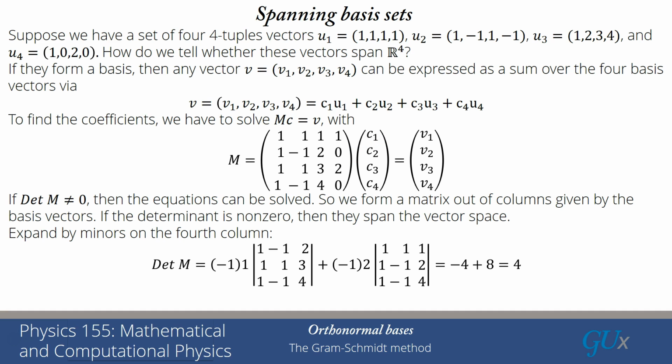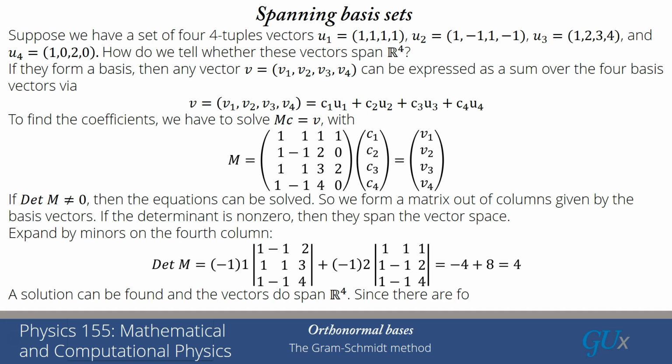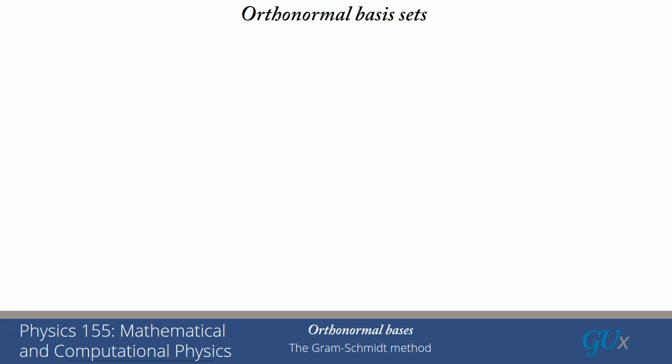I find it's equal to minus 4 plus 8, which equals 4. Key point is that's not 0. And so these vectors do span R to the fourth, and they can be used as valid basis vectors for R to the fourth. So the solution can be found, and these vectors do span R4, and since there are 4 of them, they form a basis as well.